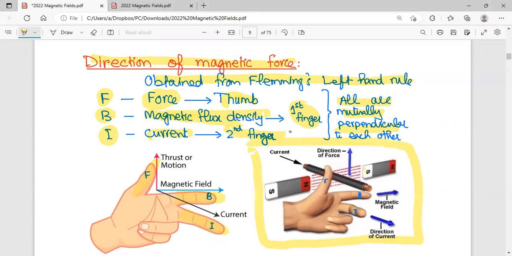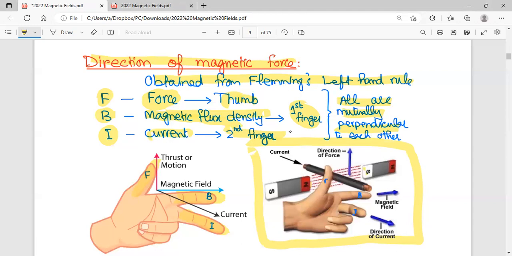And then you have to close your last two fingers, just close them towards your palm, and then point the middle finger towards you, because you can see in the diagram that the current seems to be coming out of the screen, or slightly towards your right.